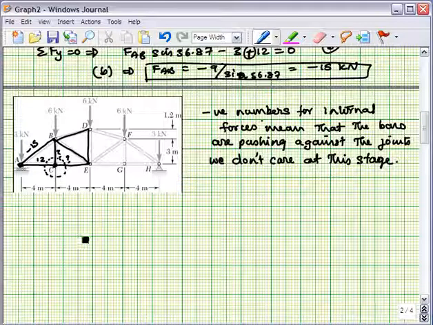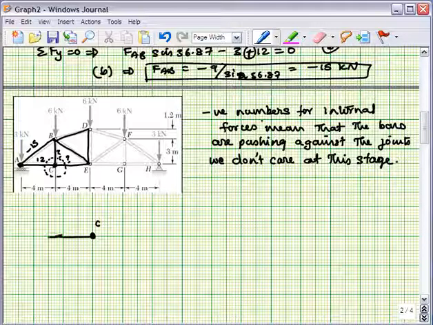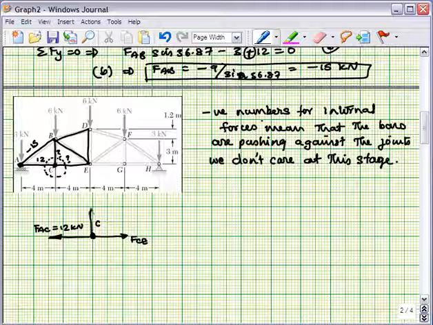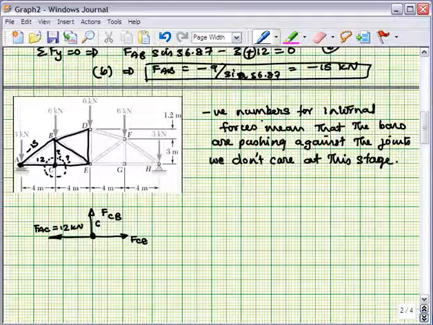So at joint C now, let's see, there is the joint C, and there is FAC, and we know its value, that was 12 kilonewtons. There is FCE, and then there is FCB. That's it. Those are the only forces.